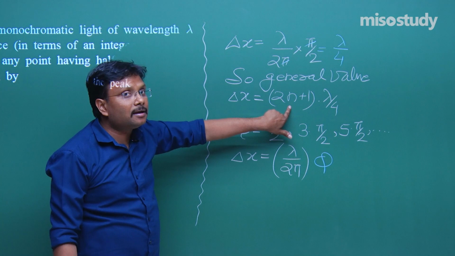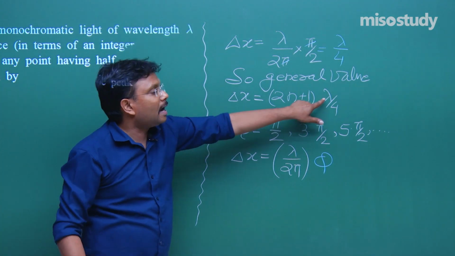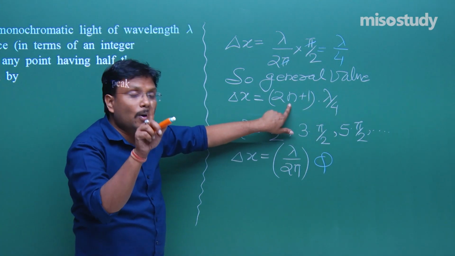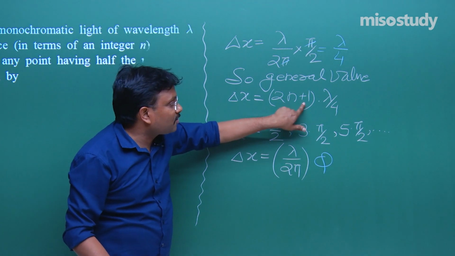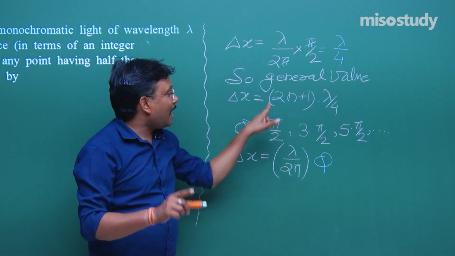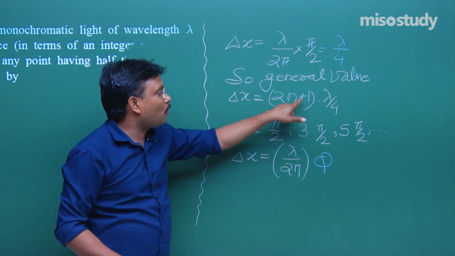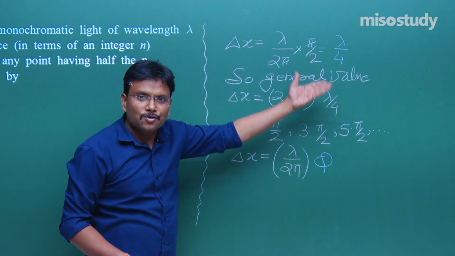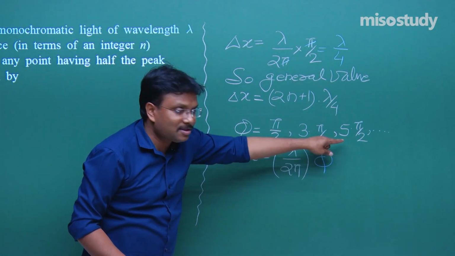And for this, n is equal to 0 gives lambda by 4, n is equal to 1, 2 into 1 plus 1 is 3, 3 lambda by 4, n is equal to 2, 2 into 2 is 4 plus 1, 5 lambda by 4. So now you are getting these values.